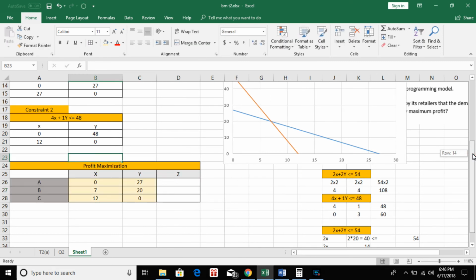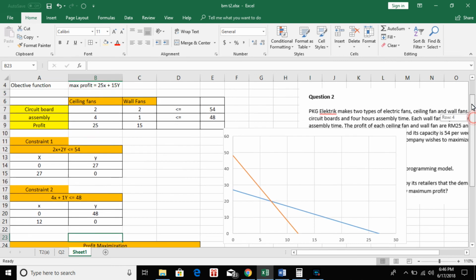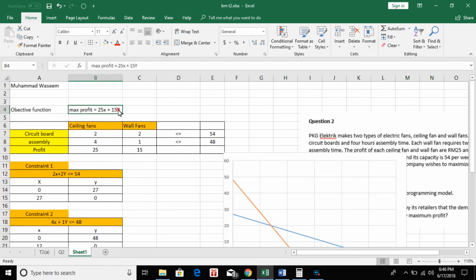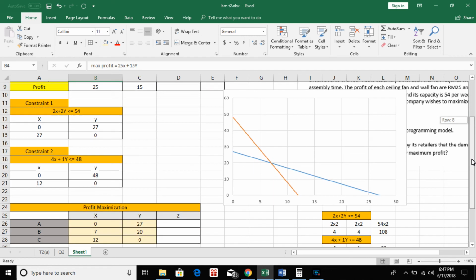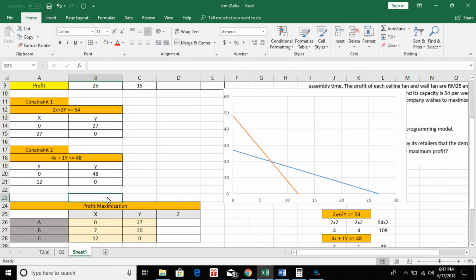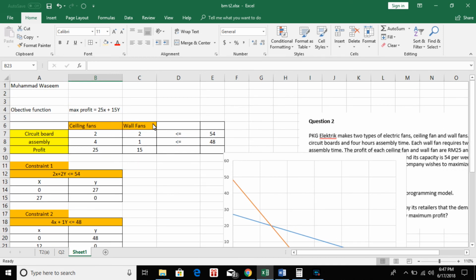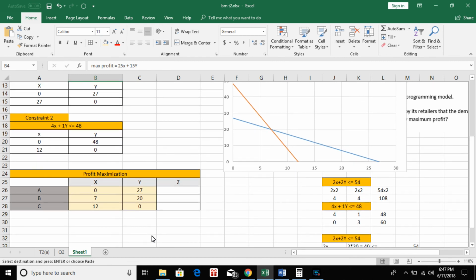So I will now use these points to calculate the maximum profit which we can get. I will copy our objective function, which is to maximize profit, and paste it here.